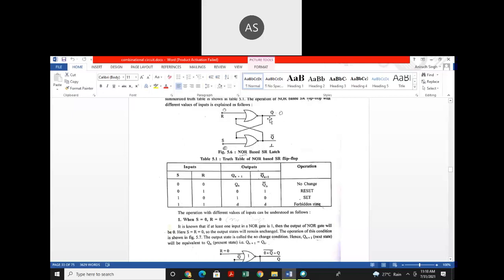This state may be 0 or 1 depending upon the transistor inside this NOR gate. So this condition is not allowed in SR flip-flop, because we cannot say when S and R both are 1, whether output Q bar is in set state or in reset state. It may be 1 or it may be 0. So this state is denoted as forbidden state, and this is not allowed. It means we cannot set both inputs as high in case of SR flip-flop.